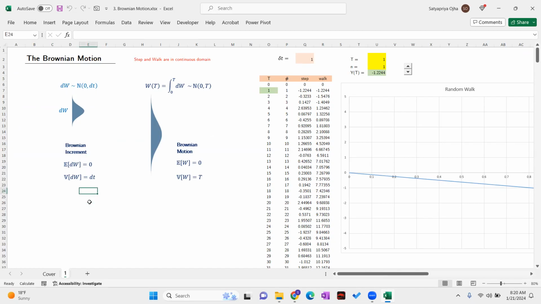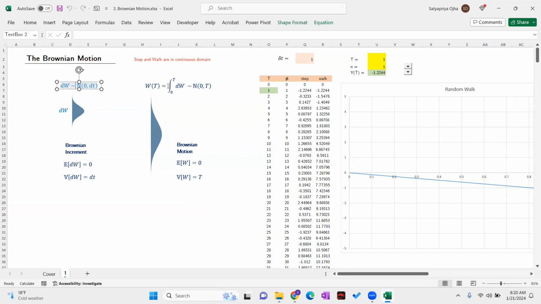The walk, which is the aggregation of all the steps, is called the Brownian motion. This is the fundamental entity for modeling. Without this, we cannot proceed with pricing, risk management, anything.